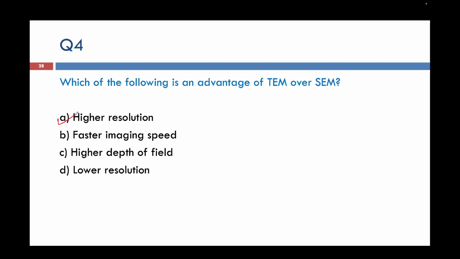Faster imaging speed and depth of field are not advantages, because both are electron microscopes, so the depth of field will be similar. TEM doesn't have lower resolution, rather higher resolution. And faster imaging speed depends on the type of system that we want to view.